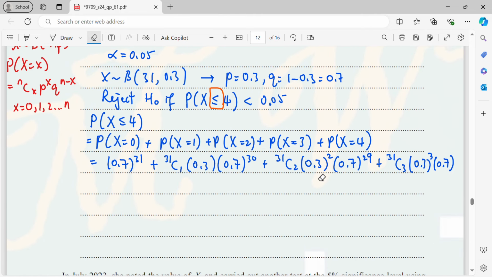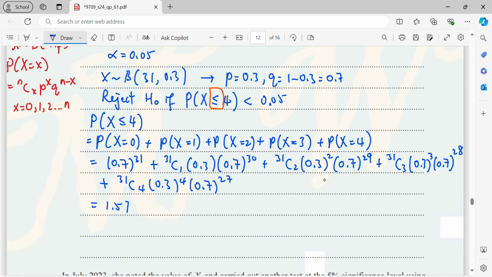And lastly, 31C4, 0.3 power 4, 0.7 to the power of 27. So now we calculate all of this.